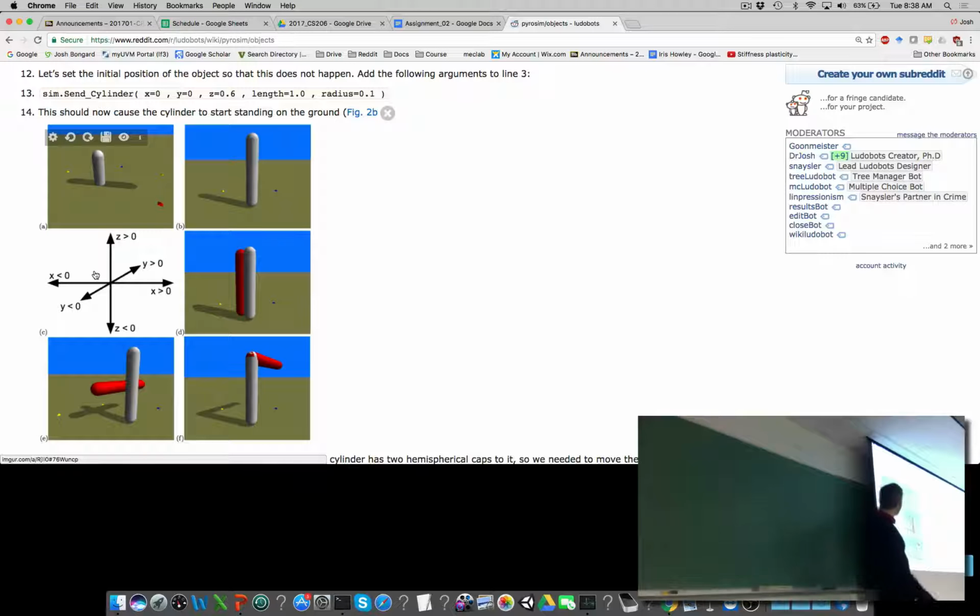So if you want your cylinder to be something other than vertical, you need to tell PyroSim what is that three-dimensional vector along which the long axis of that cylinder should lie. So you can see that when we first create the second cylinder, we don't set R1, R2, and R3, so it starts vertically. Now we've set R1, R2, and R3. We've changed the initial 3D rotation of the object.